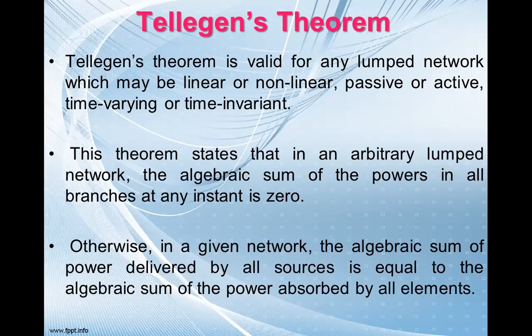So anyone can tell this, what is the meaning of this lumped network, lumped circuit? A lumped network is a network in which physically separate inductor, resistor, capacitor are present or used.